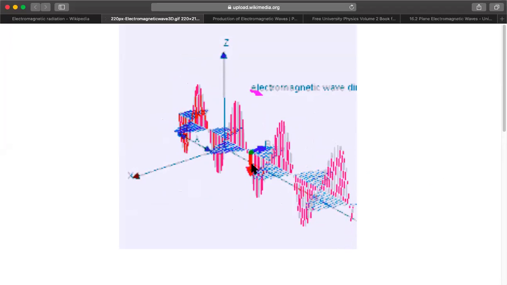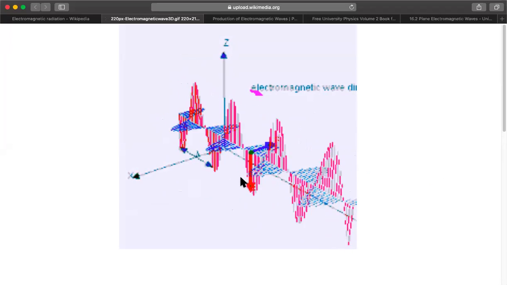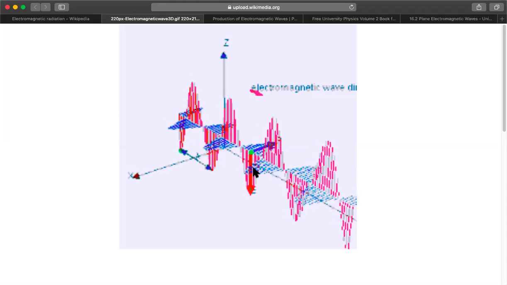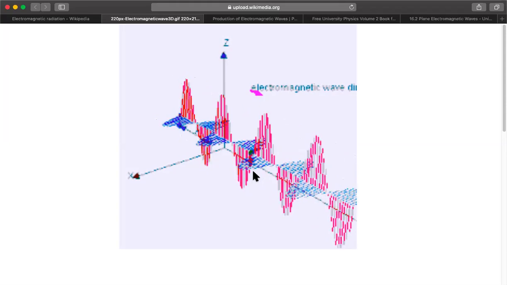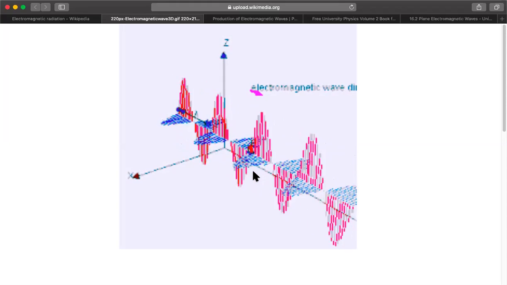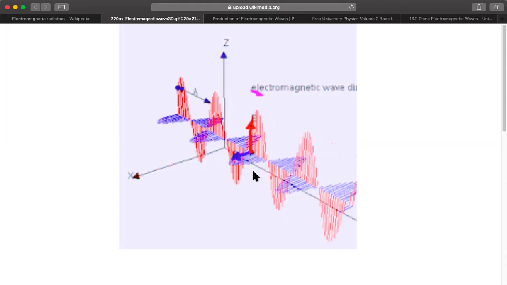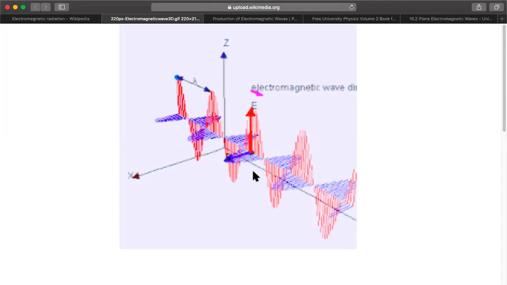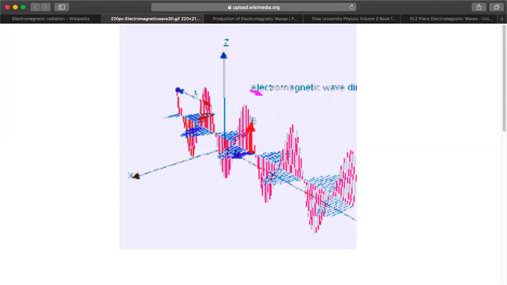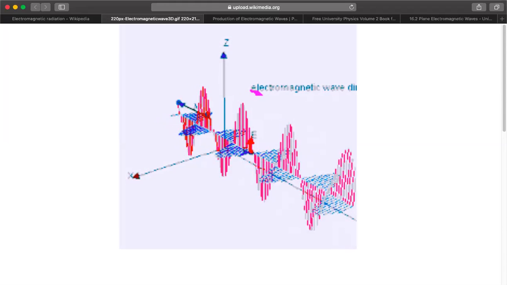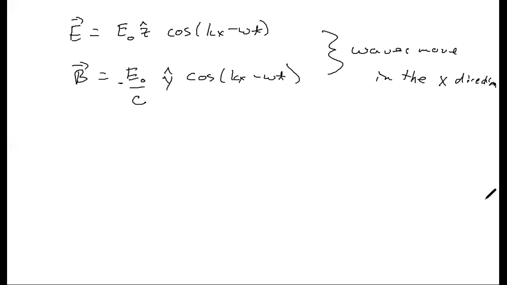And what you find is you get oscillatory regions of electric and magnetic fields, and they are always perpendicular to each other. And it just goes on and on like that. This is the picture of what light actually is. I would try to draw that, but it would just get really ugly.